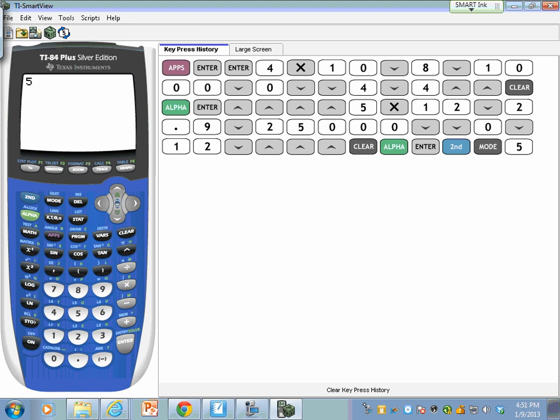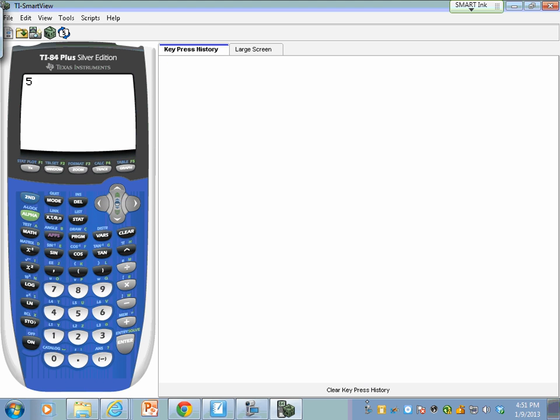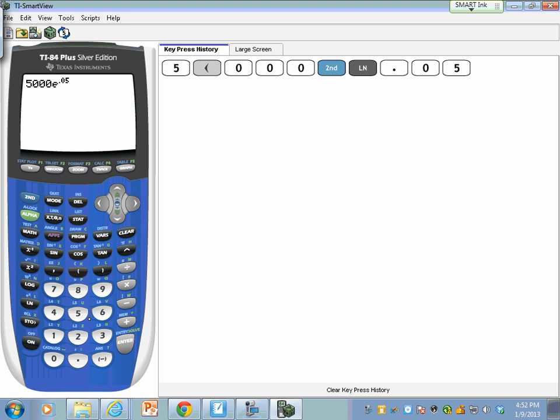Clear the history. We want to do 5,000 times second E to the 0.08 times 5 years. Same number they got there. So that's how you do that calculation on a calculator.